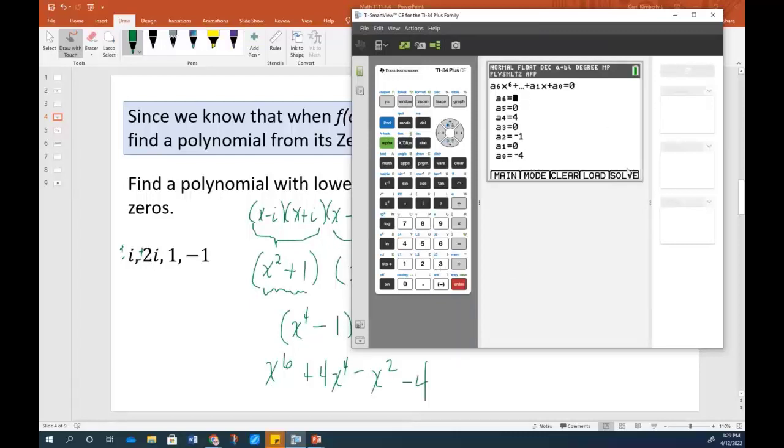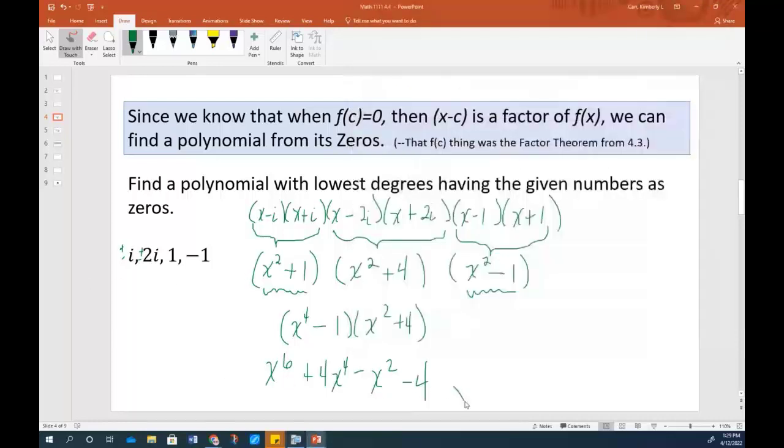So after you enter all of those, we want to solve, which is above graph. And here are my solutions. Plus or minus 2i, plus or minus 1, and plus or minus i. So I got all of those roots. So I did this one right. So your calculator can certainly help you check, and anytime we have a lot of multiplication, that's a great thing to do because it's just too many places we can make an error.